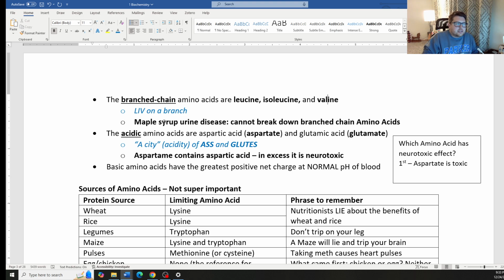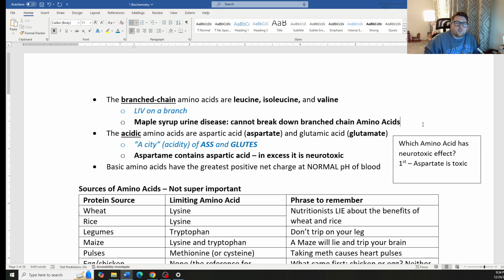There is a disease associated with the inability to break down branched chain amino acids. We call this maple syrup urine disease. Our body does not have the appropriate enzymes to break down these specific amino acids, and the urine becomes kind of thicker, it becomes sweet, and becomes very similar to maple syrup, which is why it is called maple syrup urine disease.